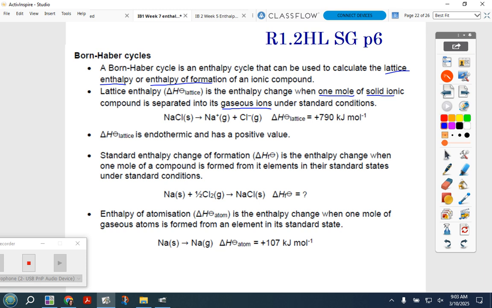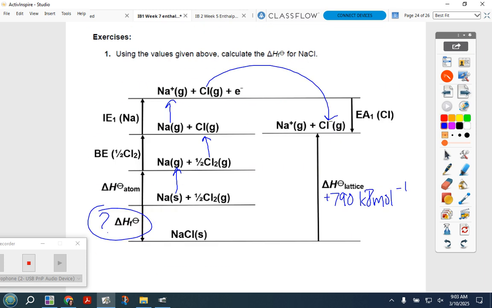Enthalpy of atomization is when we have 1 mole of gaseous atoms formed from an element in its standard state. So for our sodium, that's going from the solid state to the gaseous state, and that's 107 kilojoules per mole. So we're going to put that on here.